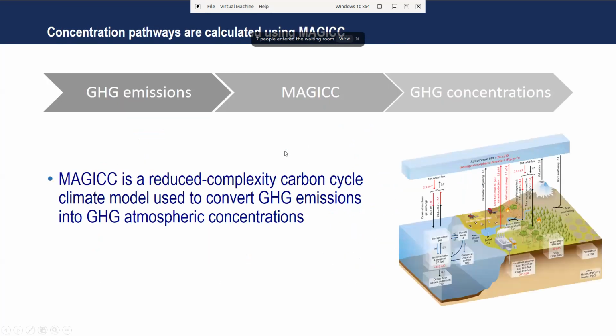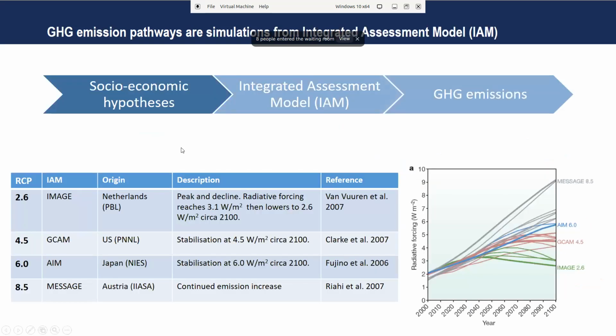And so those concentrations, where are they coming from? They're coming from a reduced complexity model called MAGICC, which is able to convert greenhouse gas emissions into concentrations. And these greenhouse gas emissions that are defined in the RCP and SSP scenarios, they themselves come from integrated assessment models, which are themselves based on socioeconomic hypotheses.